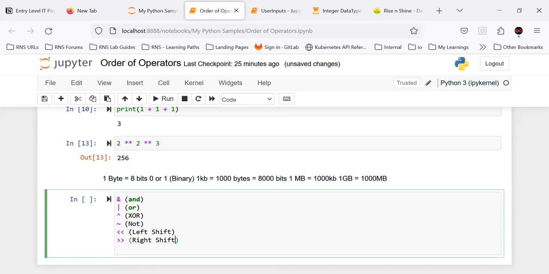These are special characters available in Python which help perform logical operators or exclusive OR operations, or change bits, like the left shift and right shift.